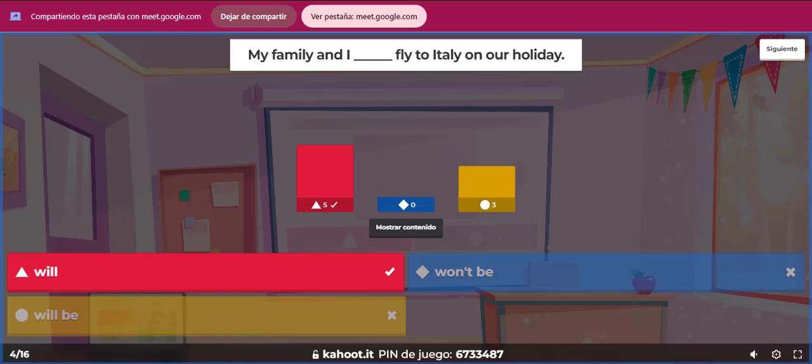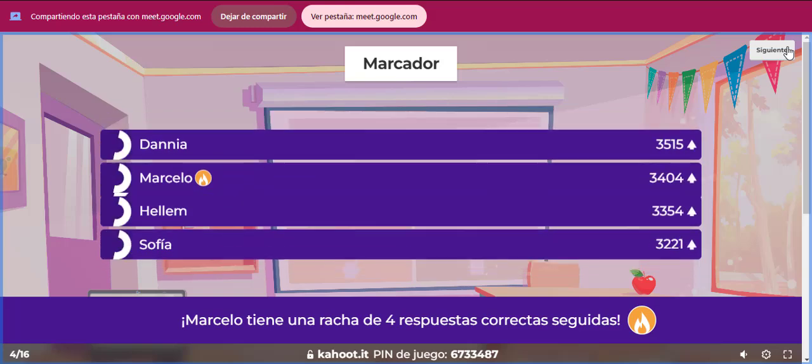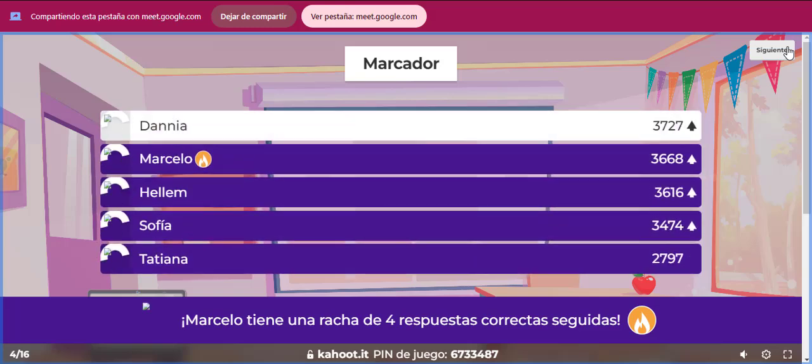My family and I will fly. In the case of the yellow one, we cannot have two verbs. So if we put be and fly, then we are having two verbs. We can be in Italy, but we cannot fly to Italy. So that will be the difference. Now we have Dania in the first place.